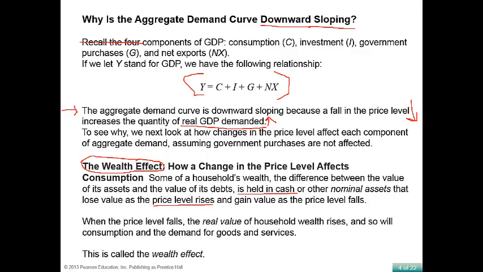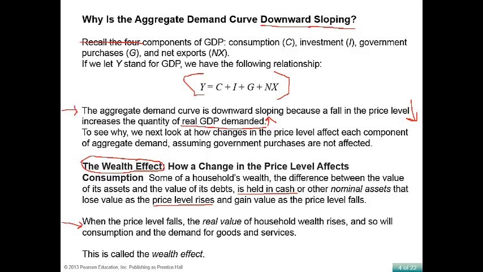So when the price level falls, or we have what's known as deflation, the real value of household wealth rises, and so will consumption and demand for goods and services. This is also called the wealth effect.